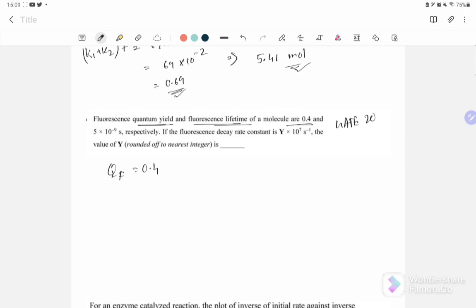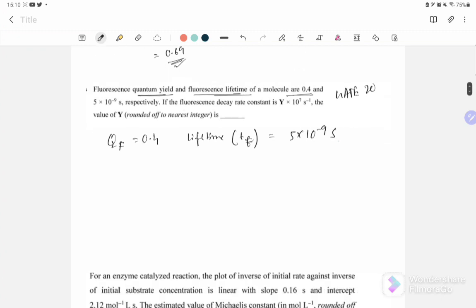The lifetime, TF, because it is fluorescence, is also given, that is 5 into 10 to the power minus 9 second. It's given that the fluorescence decay rate constant is y into 10 to the power 7, so what is the value of y?